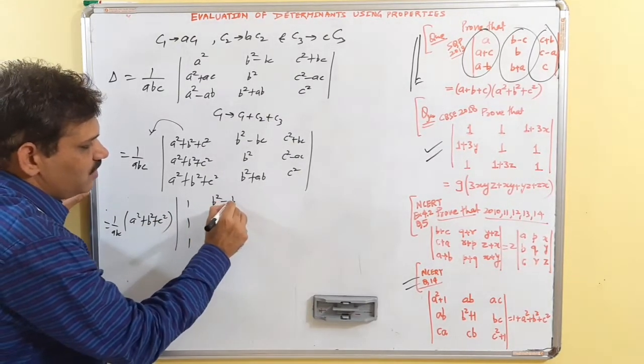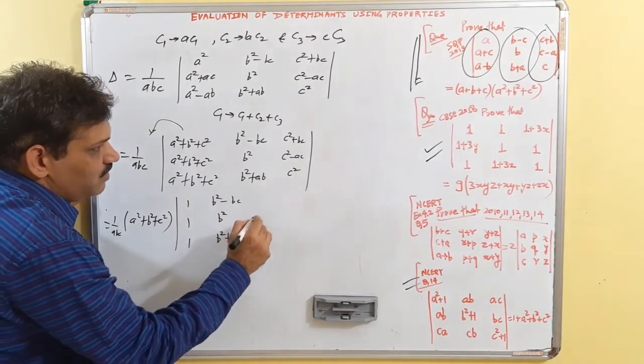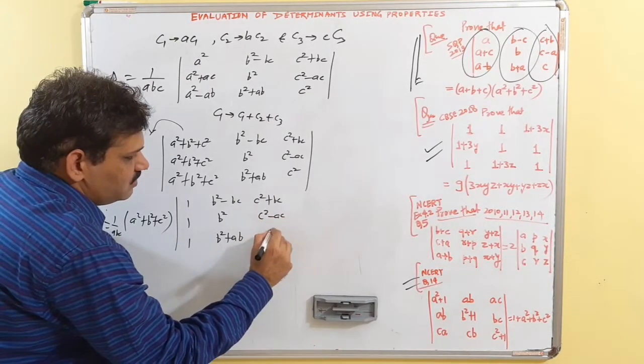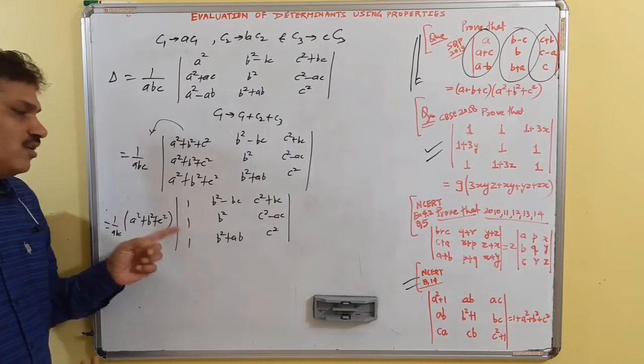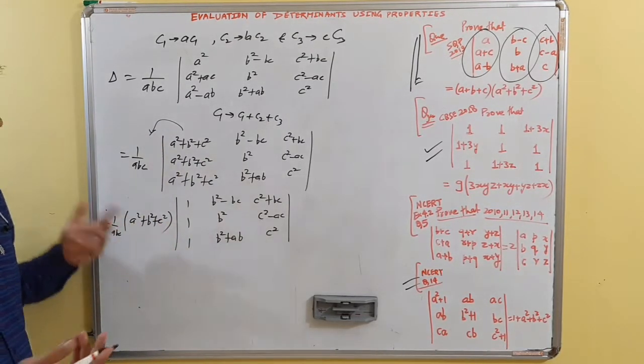This is B square minus BC, B square plus AB, C square plus BC, C square minus AC, C square. Now we have got all ones in C1, so we apply R2 minus R1 and R3 minus R1 to get two zeros and to expand.